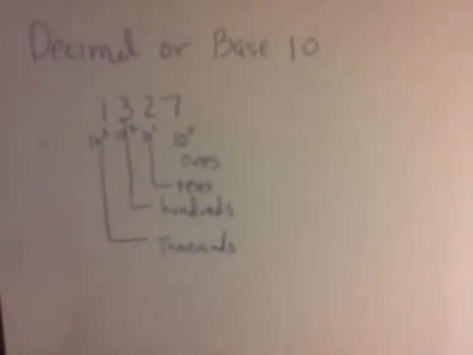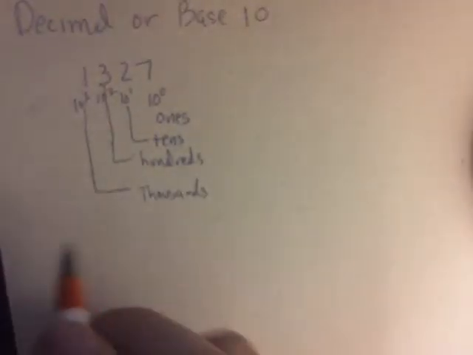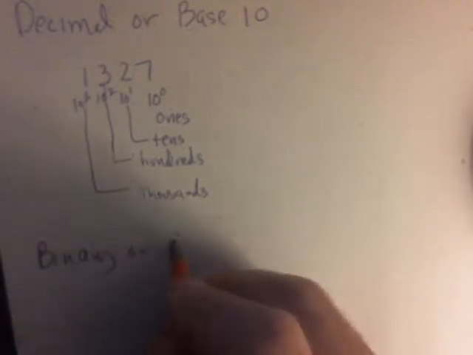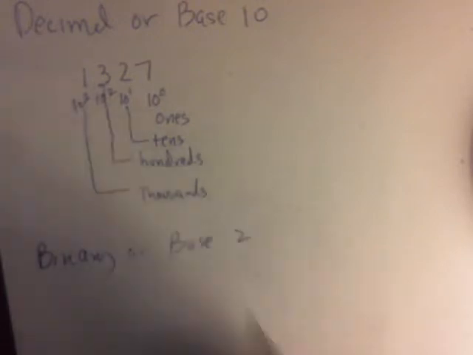And so when you're doing different number systems, it works very similar to our number system. For example, if I'm doing binary, or what we know as base 2.